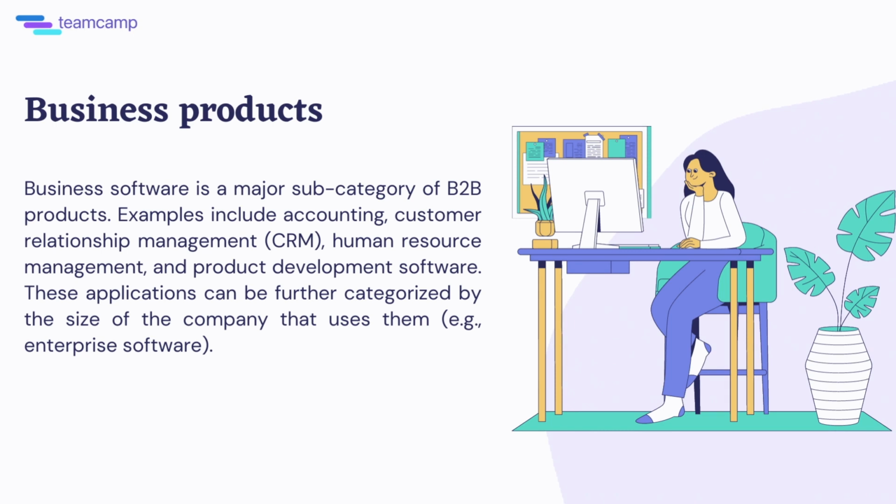Business software is a major subcategory of B2B products. Examples include accounting, customer relationship management, CRM, human resource management, and product development software. These applications can be further categorized by the size of the company that uses them, example, enterprise software.